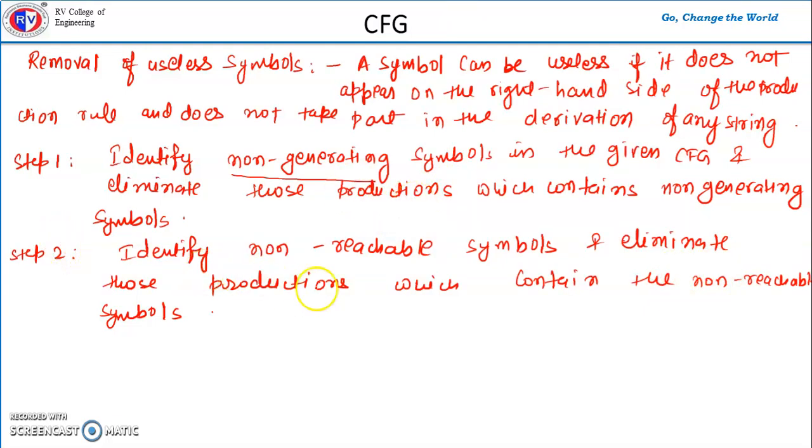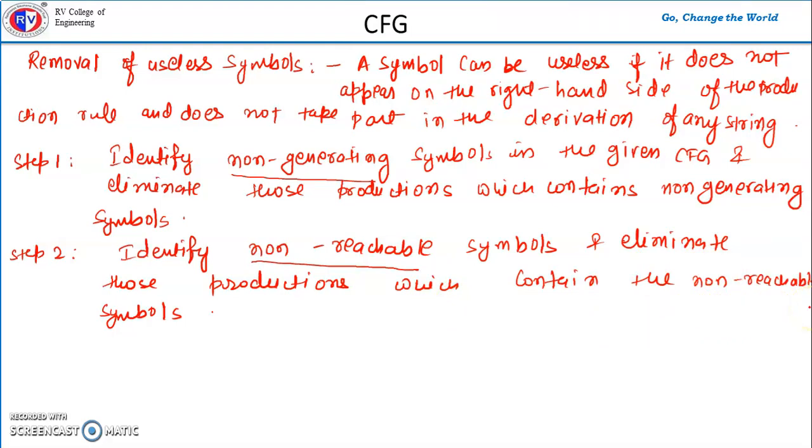Then the second step is to identify non-reachable symbols. If a symbol or non-terminal is not reachable from the start symbol of the context free grammar, then we must eliminate those productions which contain the non-reachable symbol. So there are two things.